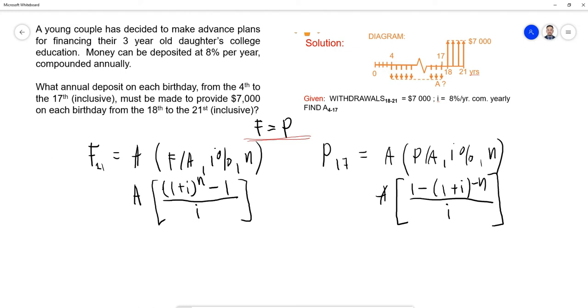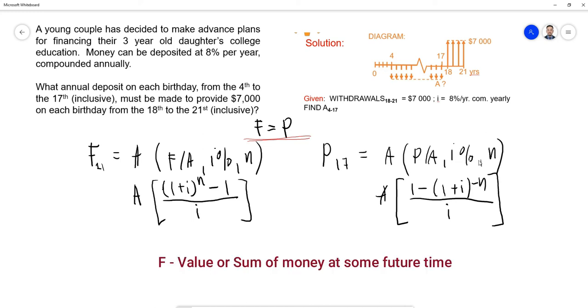Now, our strategy is to break into two cash flows. So we will equate F to P. The formula for ordinary annuity for F is equals to A, F given A at I% in N interest periods, while P is equals to A, P given A at I% in N interest periods.